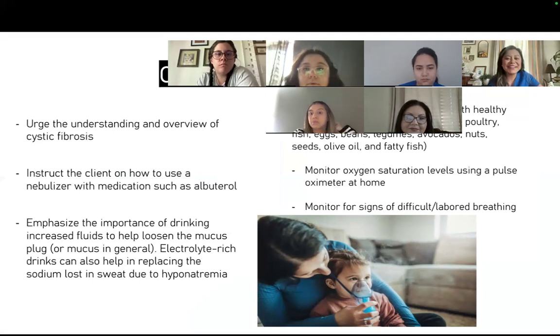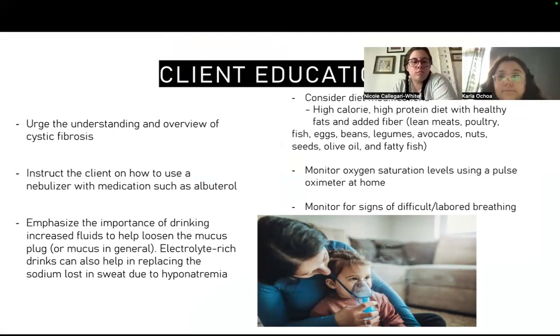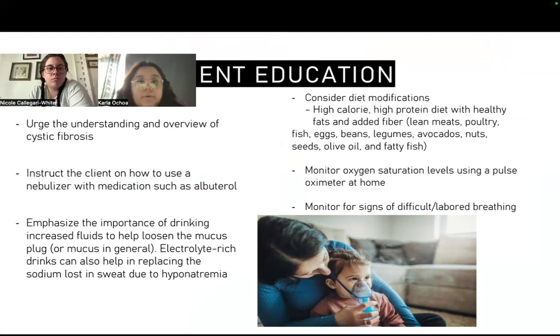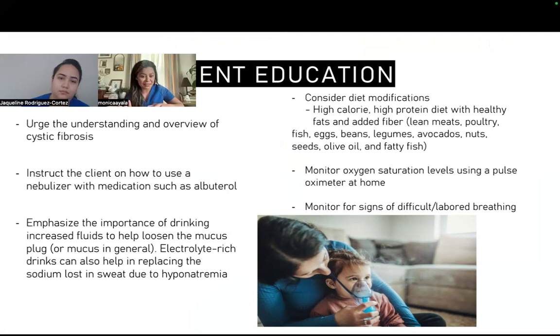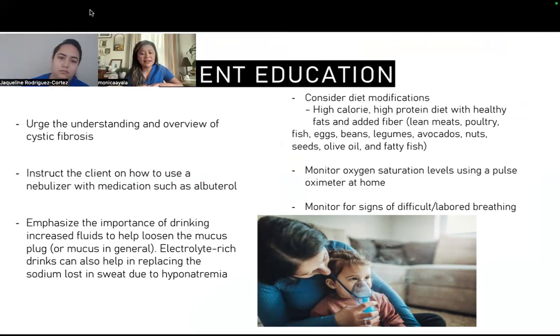So, for client education, you want to urge the understanding and overview of cystic fibrosis to the family, the parents. Cystic fibrosis is a disease that someone's born with, caused by a genetic mutation, and it prevents exocrine glands in the body from properly functioning.